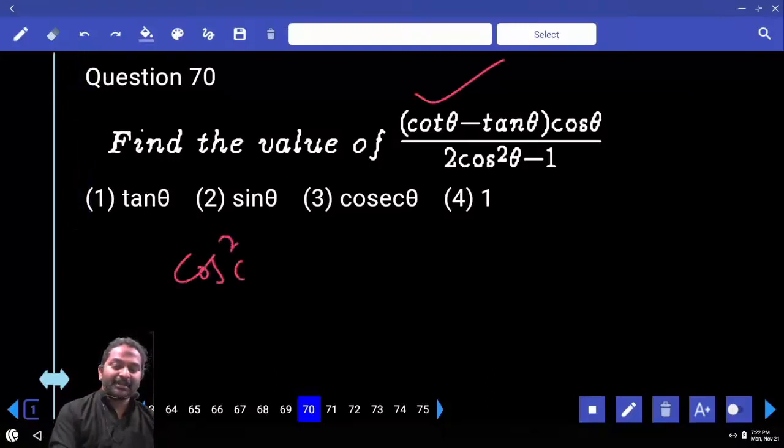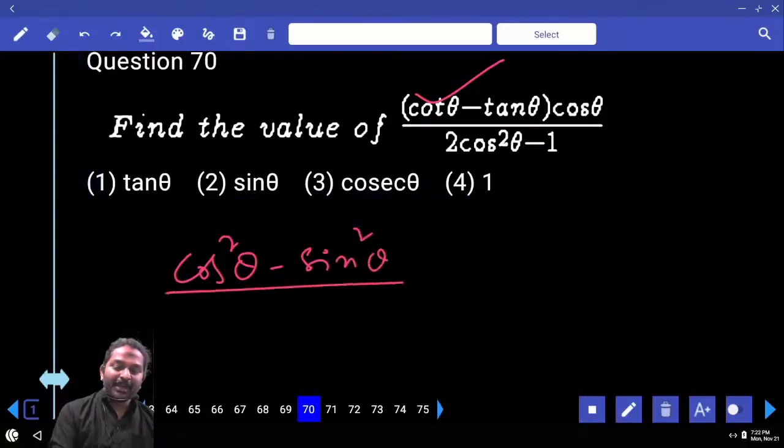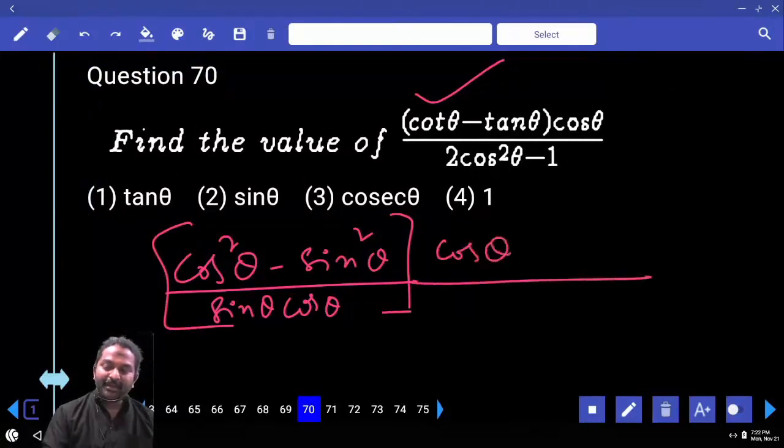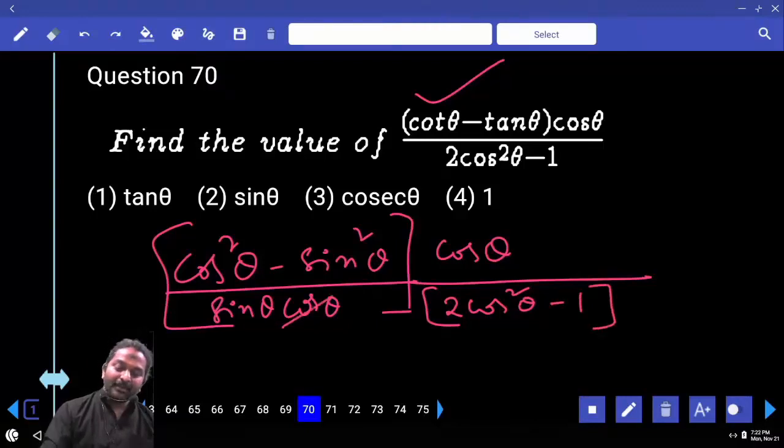Cos square theta minus sin square theta by sin theta cos theta. That's what you get, right? Apart from that, what do you have? Into cos theta by denominator, what do you have? 2 cos square theta minus 1. Yes? Cos theta gets cancelled.